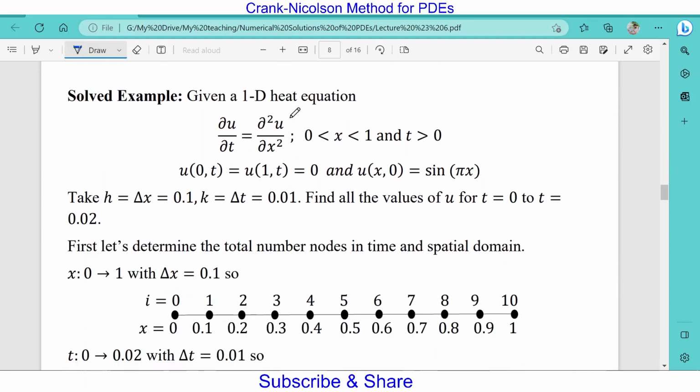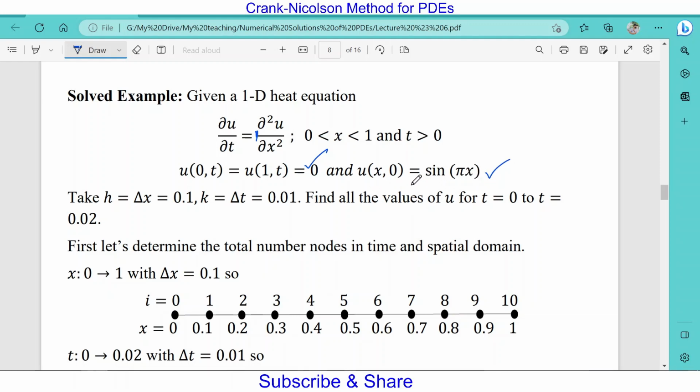Here we will solve the 1D heat equation with alpha equal to 1. Of course, there is no alpha here, and on the domain x from 0 to 1 with time greater than 0. These are the boundary conditions, because at 0 and 1 it is 0, and this is the initial condition, which is a function of x.